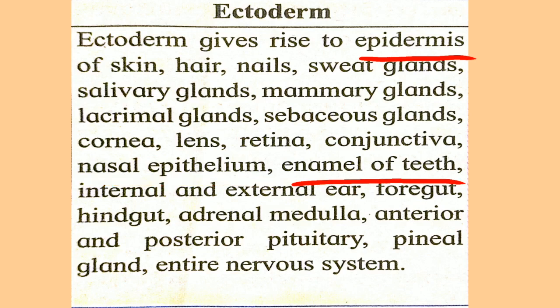Then internal and external ear is originated from ectoderm, whereas middle ear is originated from endoderm. Then next part, foregut and hindgut, that is the anterior part and posterior part of the alimentary canal, originated from ectoderm, whereas the middle part of the alimentary canal originated from endoderm.